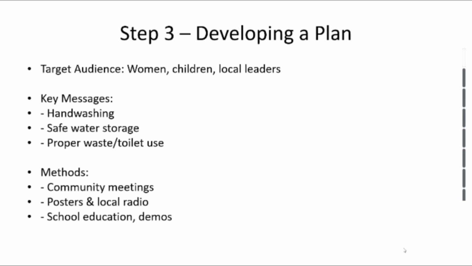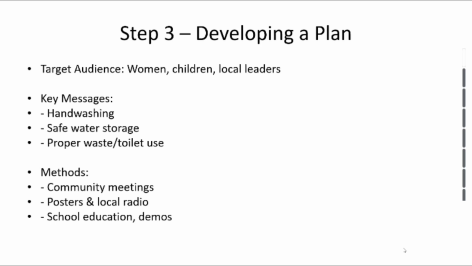Once you target the audience, you plan what to really tell them. You can even plan for the methods of communication, e.g. open discussion, posters, flyers, distributions, radio messages, school education, and demonstrations.